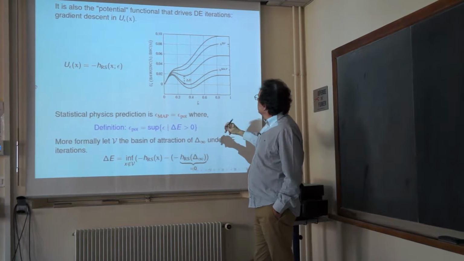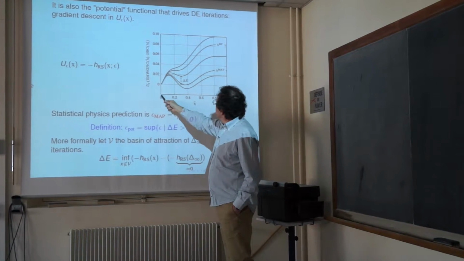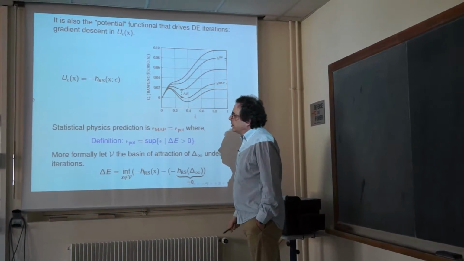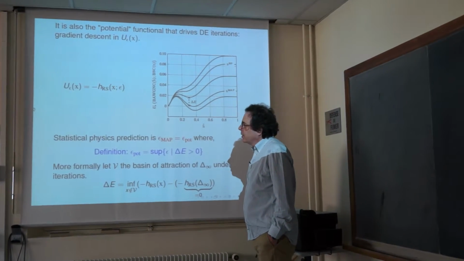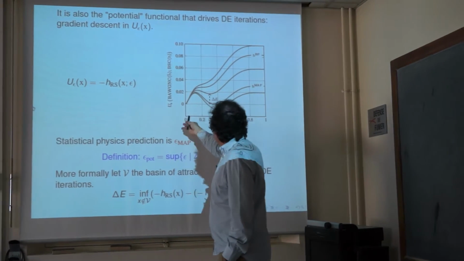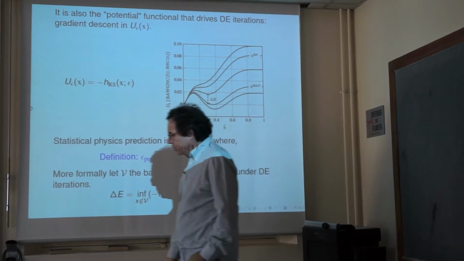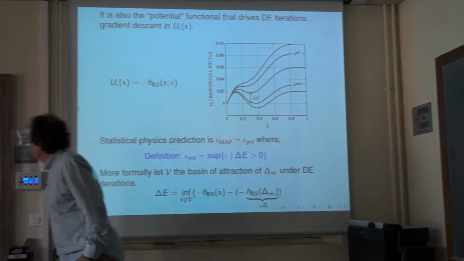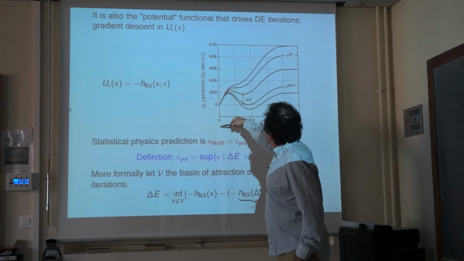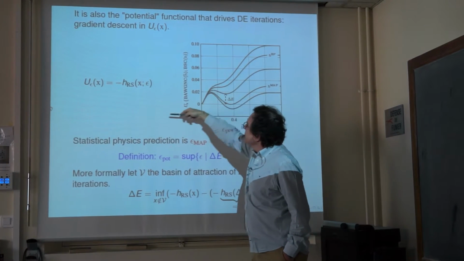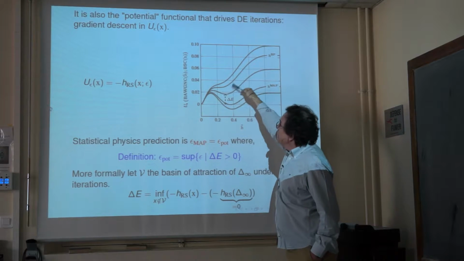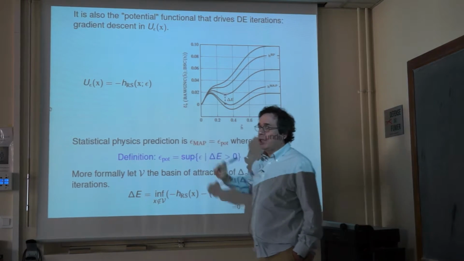Just think of this axis as an axis in the space of densities, or think of it as this variable x, this real variable x. On the vertical axis is the value of this potential, and these curves are parameterized by the channel noise epsilon.